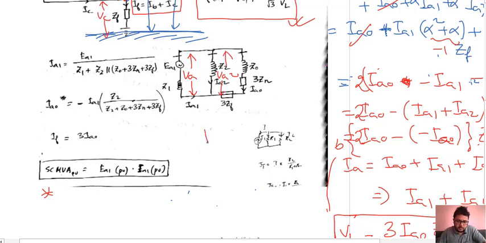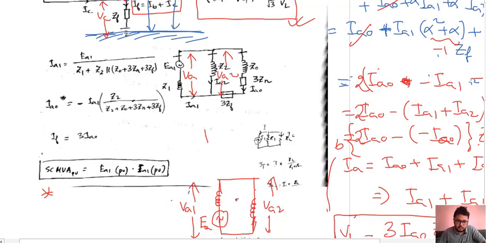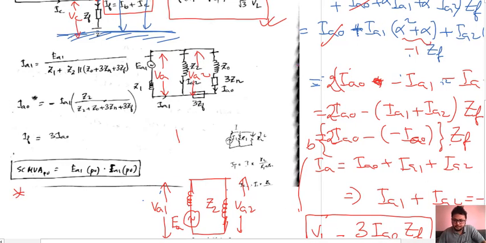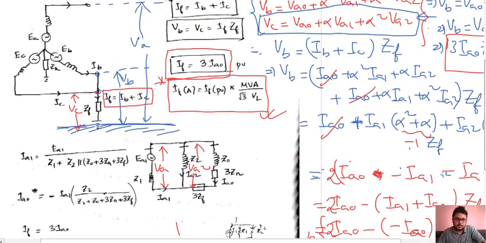VA1 and VA2 are equal, so they have to be in parallel. This is VA2 and this is VA1, from the equations. If it is positive sequence, an impedance with a source EA1. If it is negative sequence, only Z2. Now what would be the value of zero sequence? Let us see.